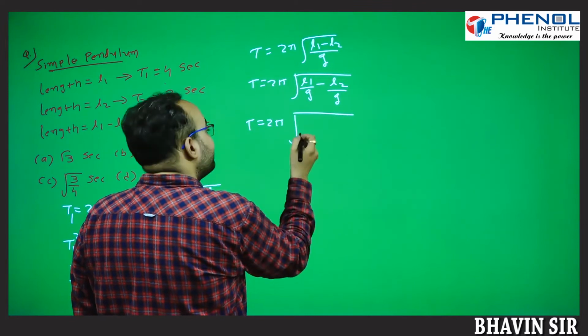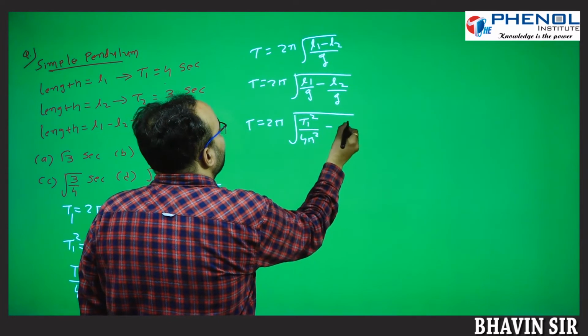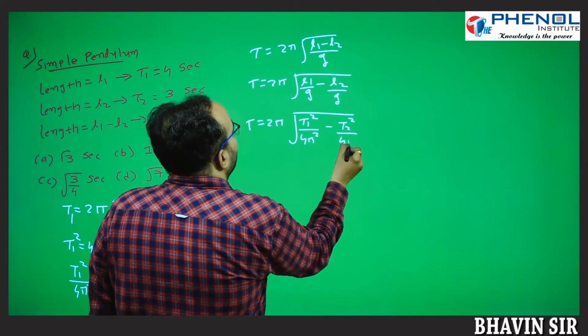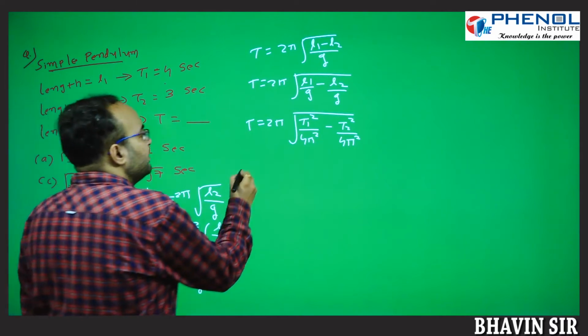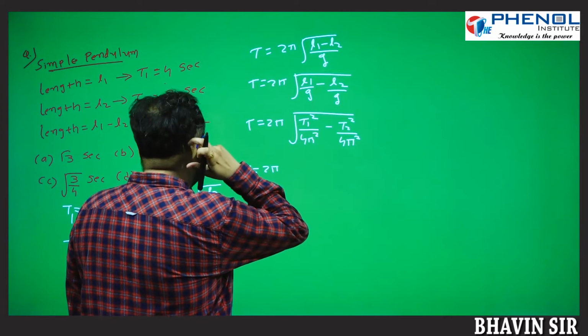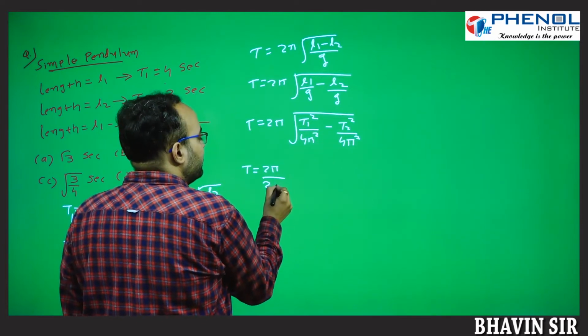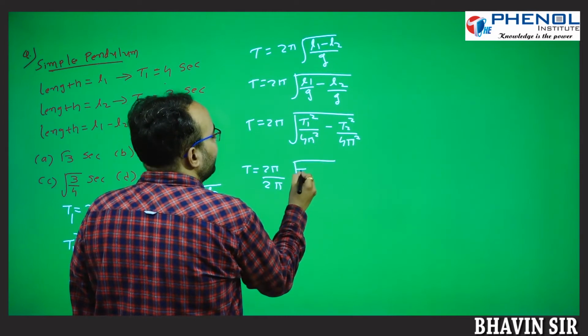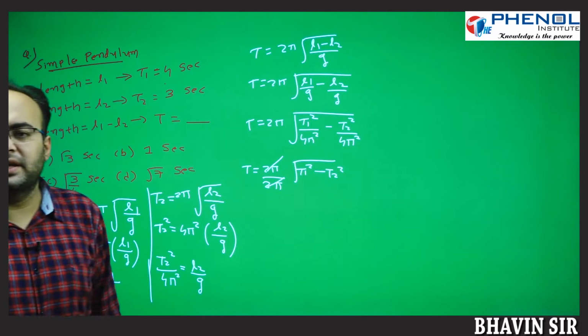So L1 by g minus L2 by g is T1 square upon 4 pi square minus T2 square upon 4 pi square. Now students, 4 pi square is common. What is the root of 4? 2. What is the root of pi square? Pi. 2 pi, 2 pi cancel, students.